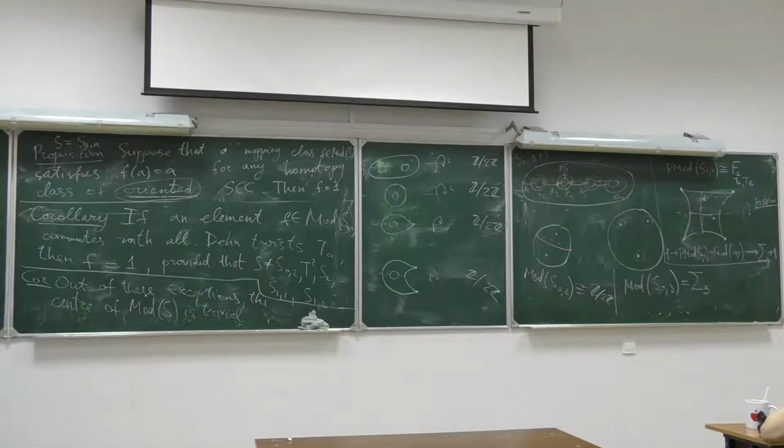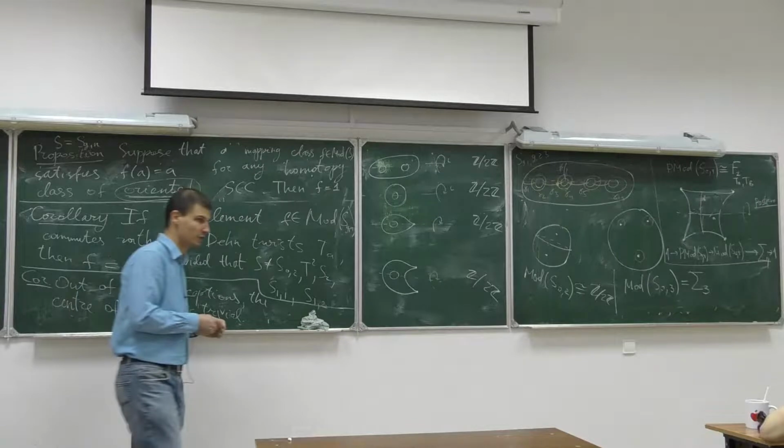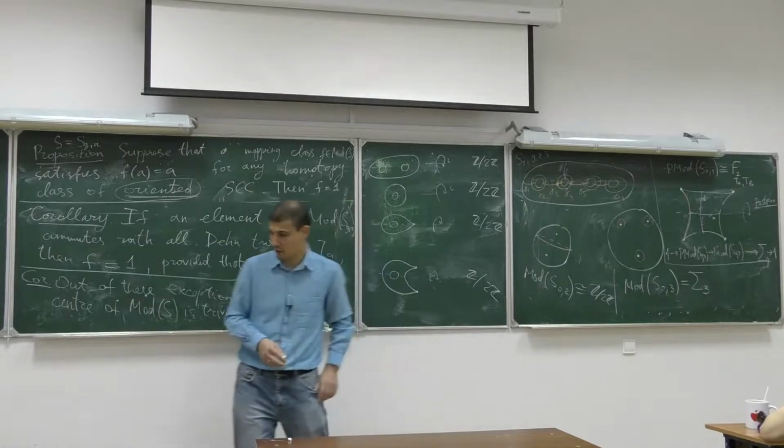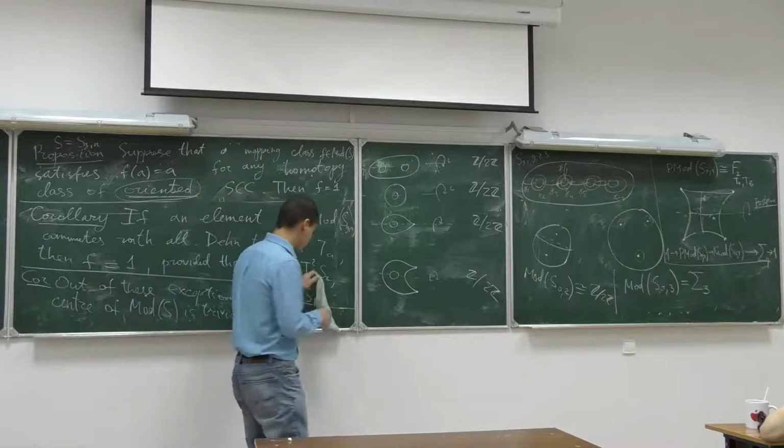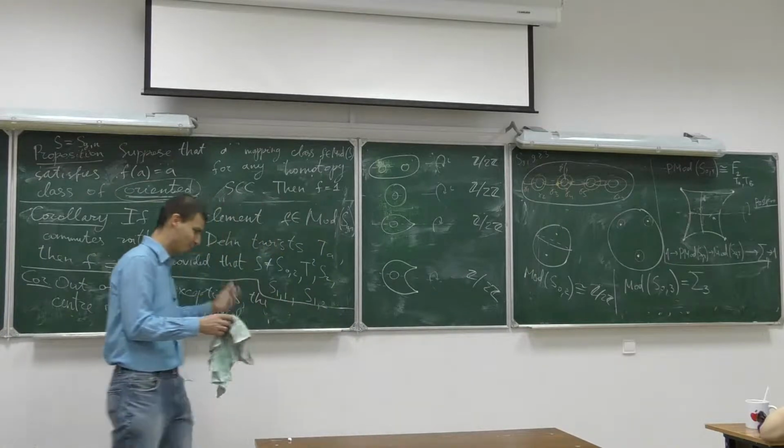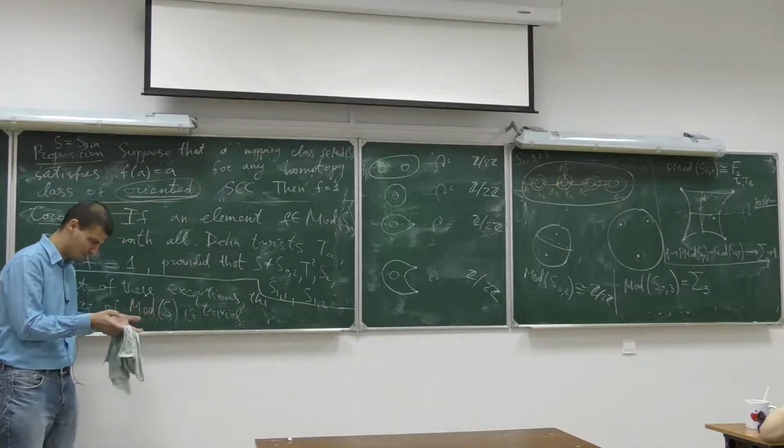Okay, so in the rest of today's time, I suggest to discuss some other useful relations between Dehn twists. Actually, there are several very useful relations, and up to now we have dealt with one of them.